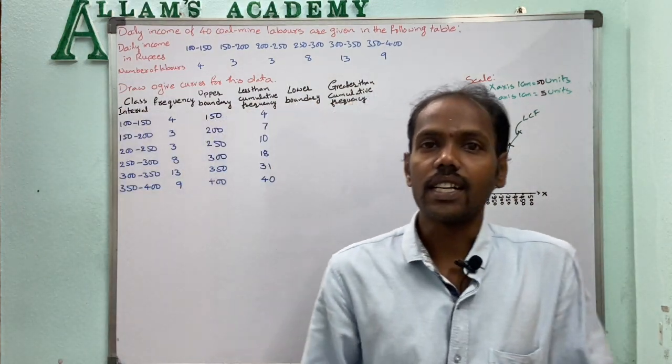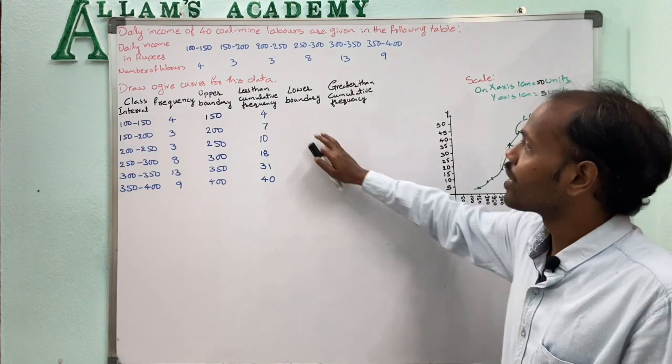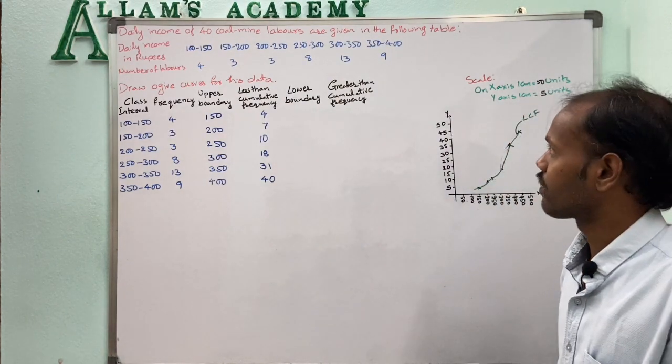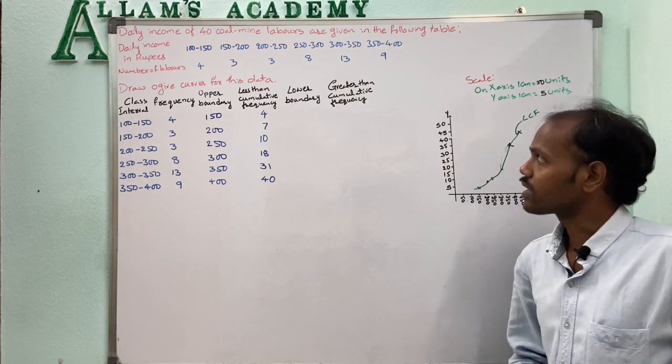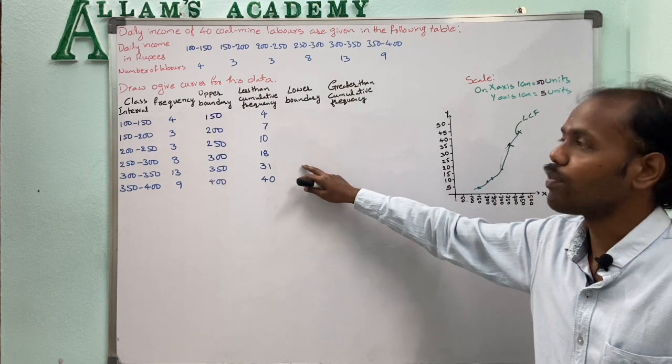For drawing a greater than cumulative frequency curve, we have to take lower boundaries and greater than cumulative frequencies. For this purpose, first we take the lower boundaries.